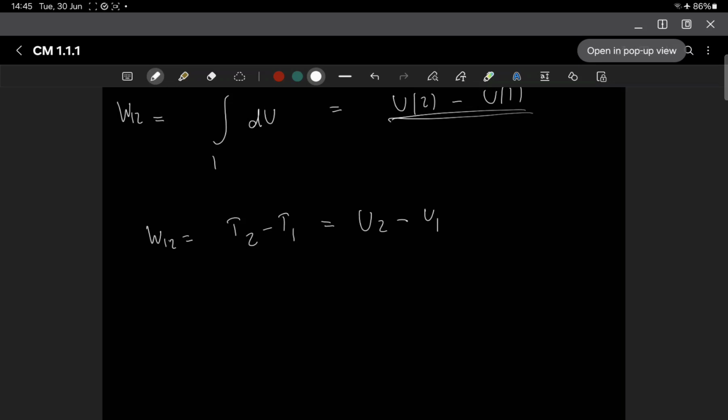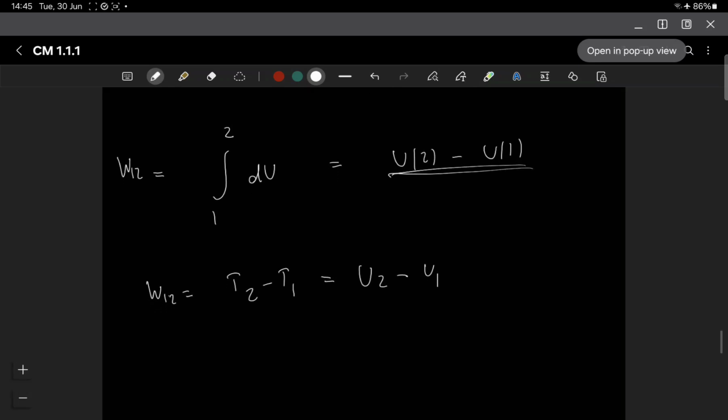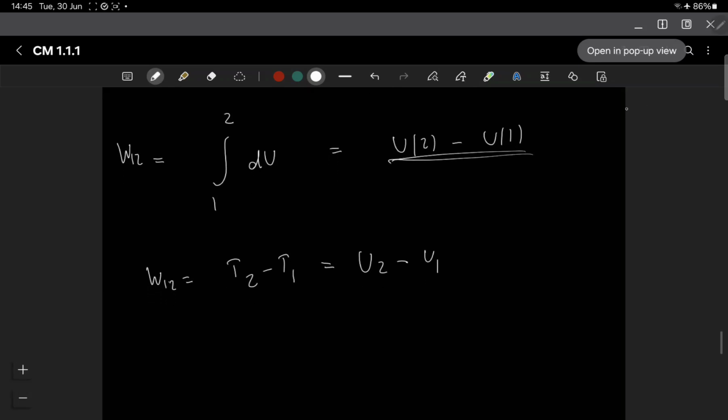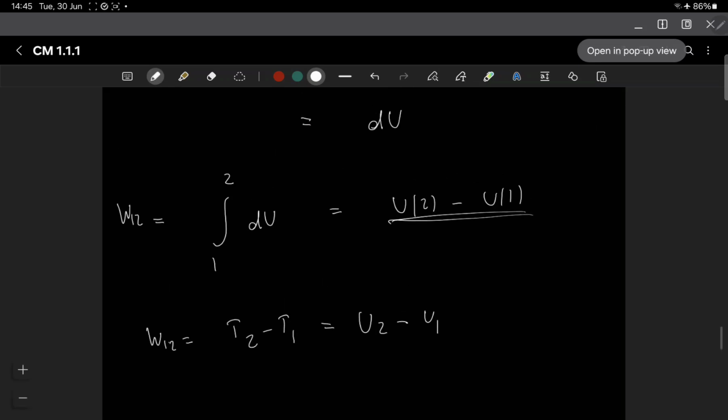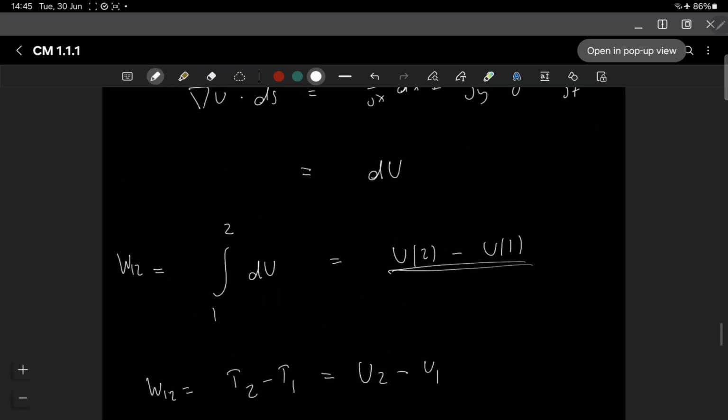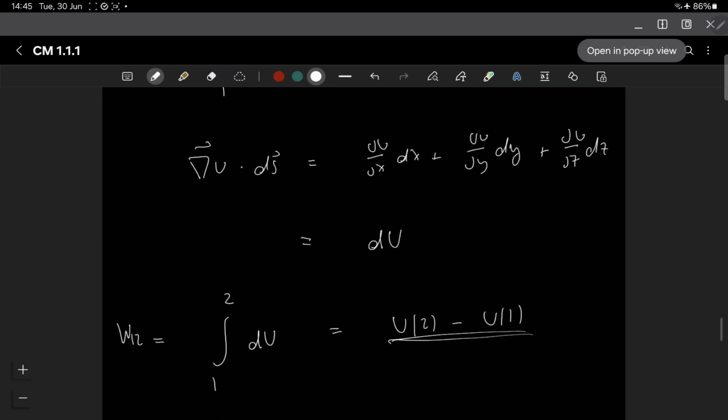So this should be V12 is U2 minus U1. Yes, of course, because I forgot that we have a minus sign over here.